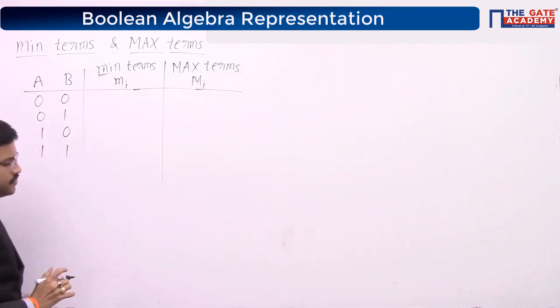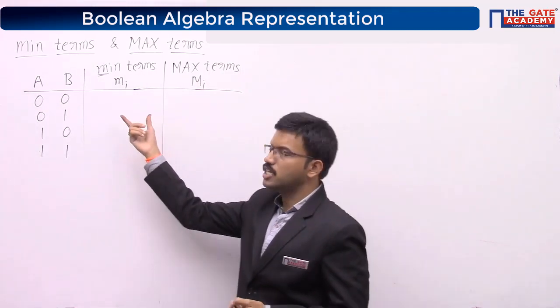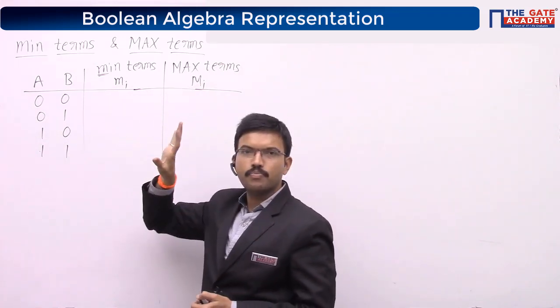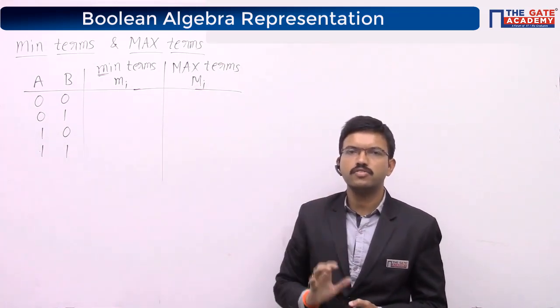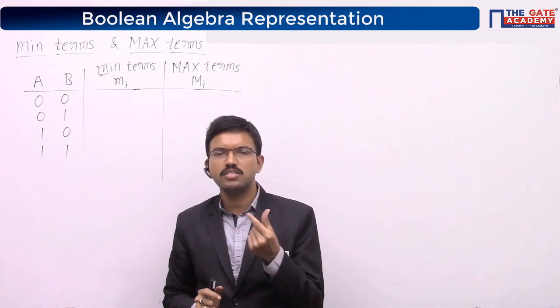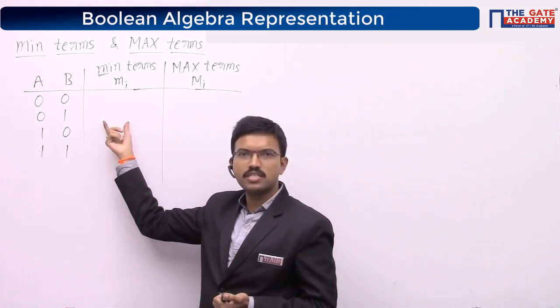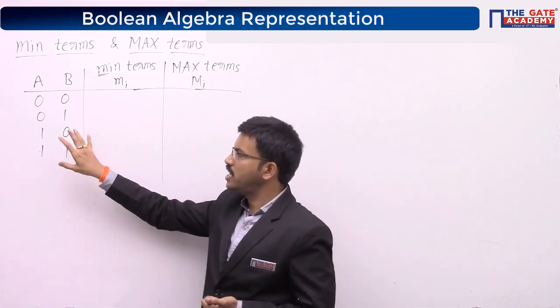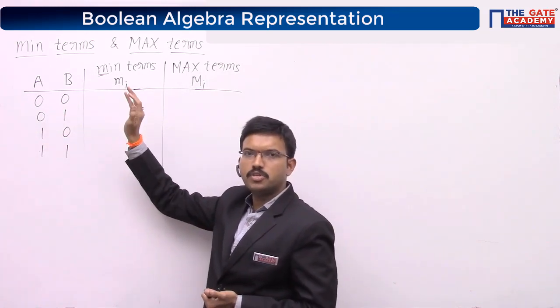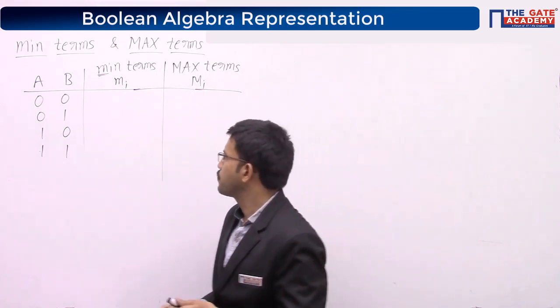So what is minterm notation? Basically we have two types of operators: logical AND and logical OR. Here I will consider logical AND, in such a way that for this combination of inputs, the output has to be 1.